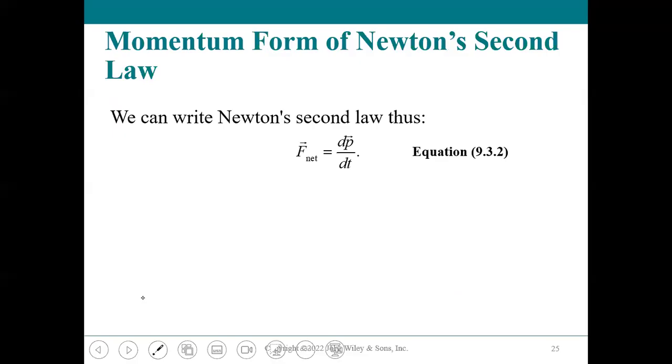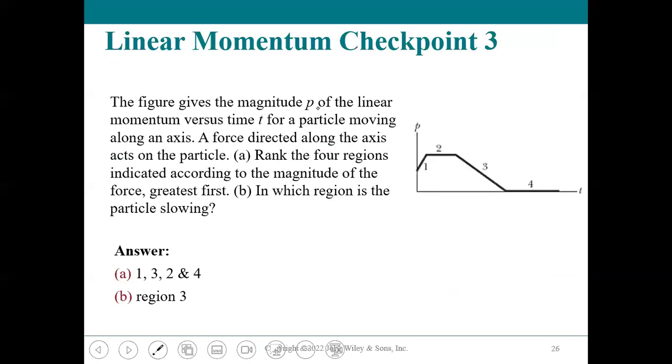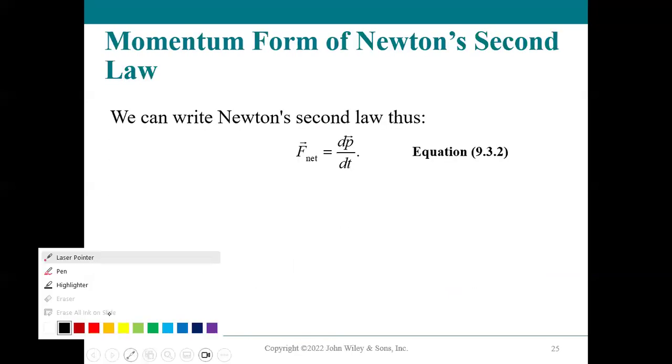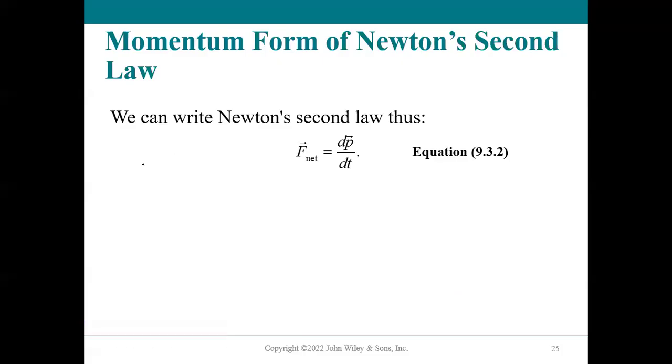Okay, so from momentum, we can write Newton's second law for this. We remember that Newton's second law says force is equal to mass times acceleration, so this is m dv/dt.